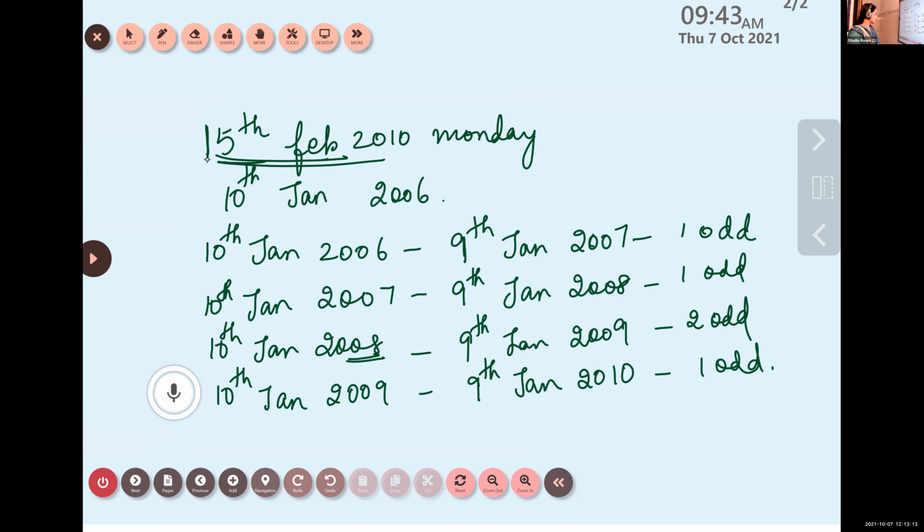Now what is the next step? How many days are left out? Up to 9th January, 9 days are over, so 31 minus 9 gives 22 days left in January 2010, plus 14 days left in February 2010.